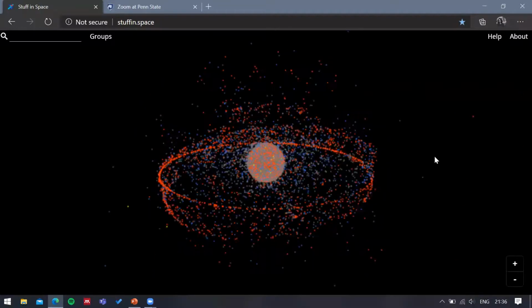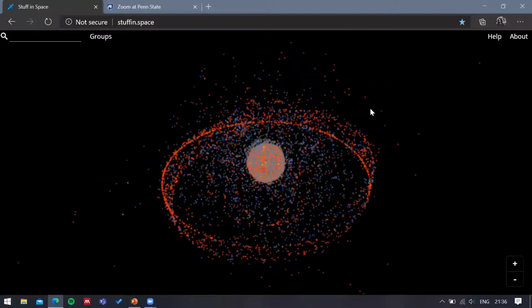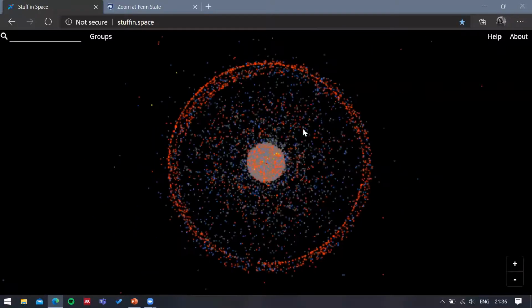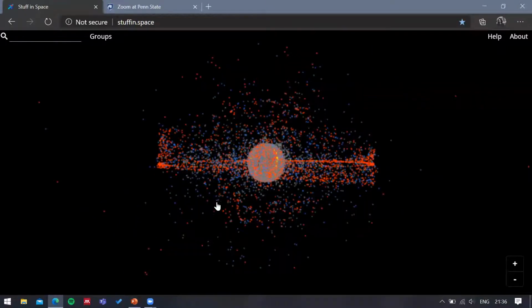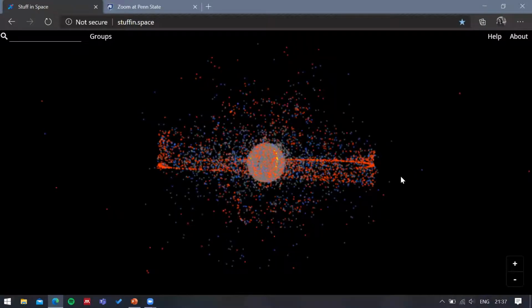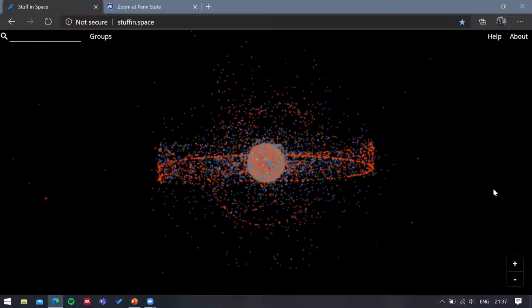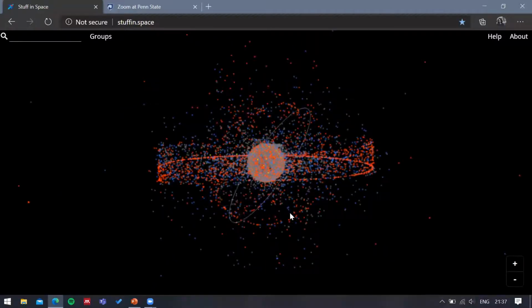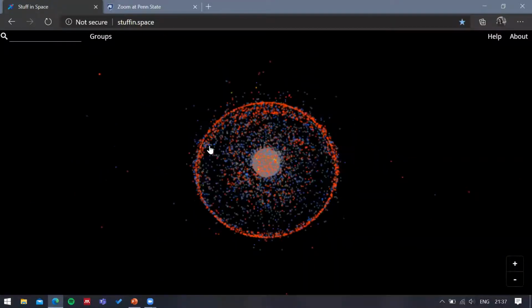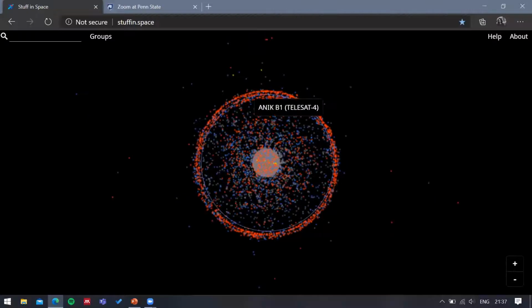I think you can also see a band of satellites here, approximately, which is the medium Earth orbit, where GPS satellites and Galileo and the other navigation satellites are. I'm not sure if you can see it, but there's a faint band here, which has the navigation satellites, and the geostationary ring is pretty prominent here.